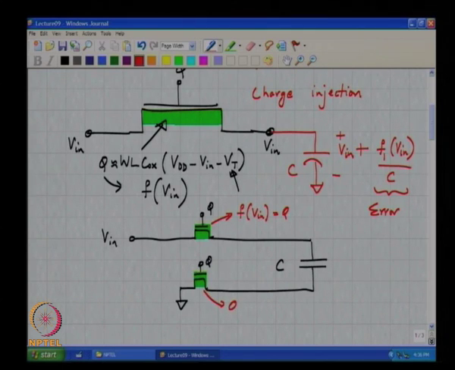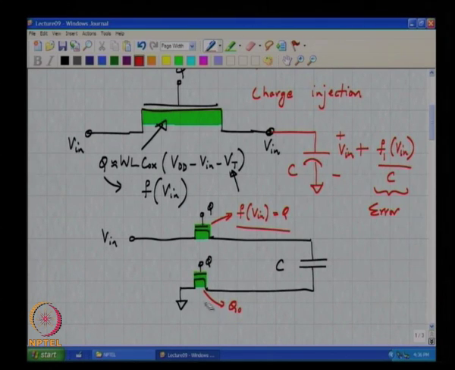It is some constant Q naught which is independent of the input. So, even though in principle these two switches seem to be doing the same thing, and we do not seem to be gaining anything from having two switches rather than one, we see that there is a crucial difference. The charge in this switch is input dependent, whereas the charge in the switch in the bottom plate is independent of the input.